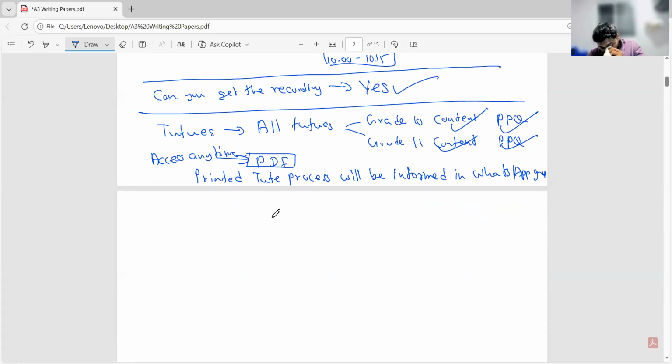Next one is the fees. So you all know what the class fee is. Using the chat box, tell me the class fee. How much is the class fee?